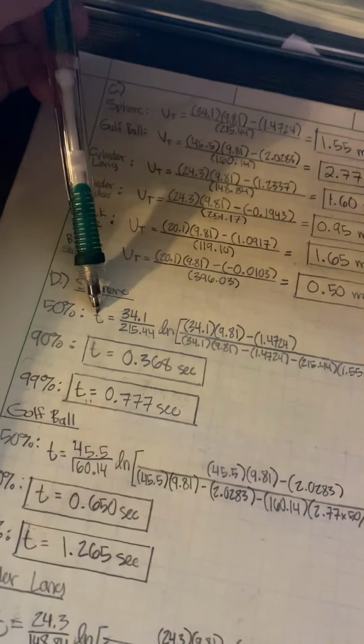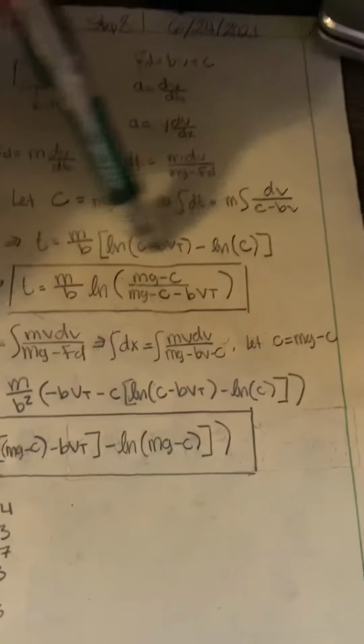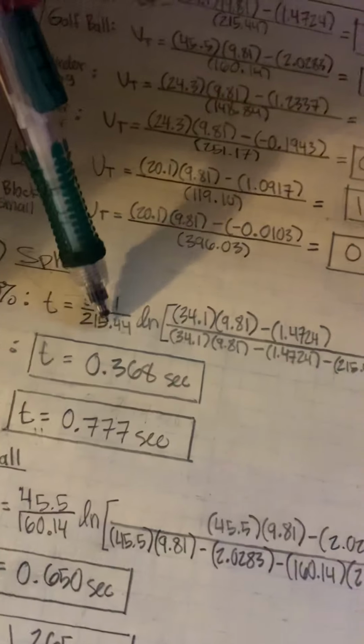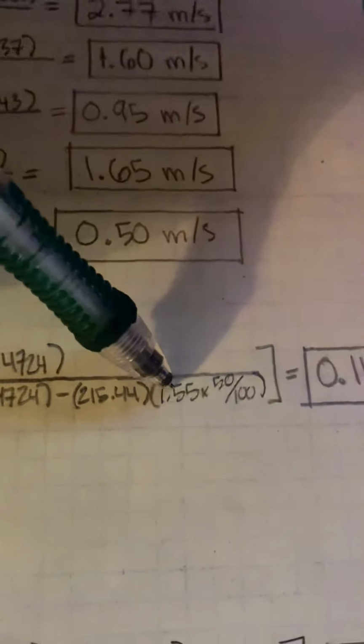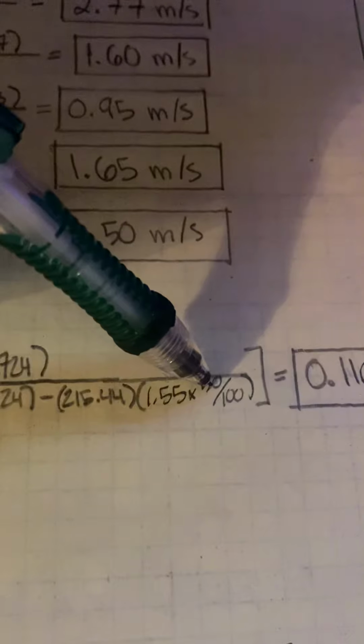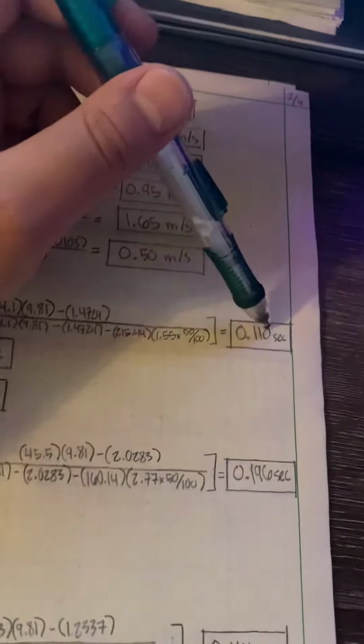For the 50%, we use the previous equation from step A, which is right here. Plug in all the values that we know, but in the part of the equation where we have to plug in the terminal velocity, we do the terminal velocity times 50%. Plug that all in, and we get 0.110 seconds.